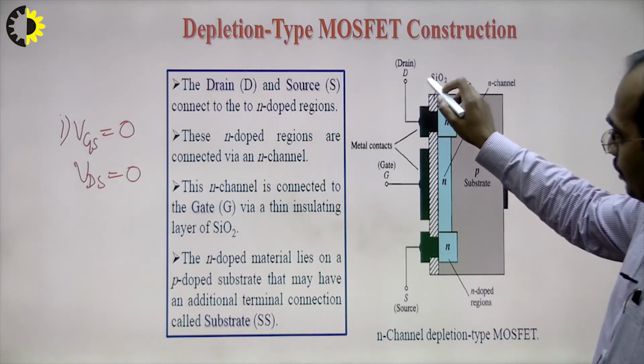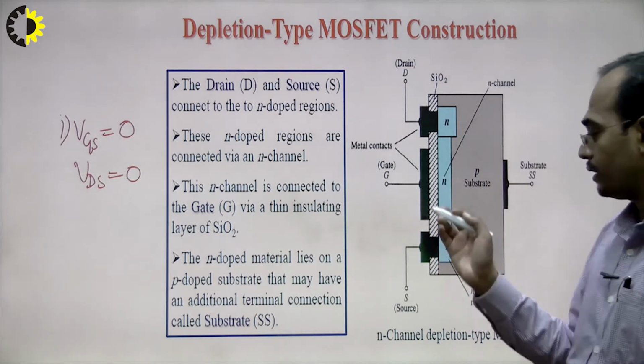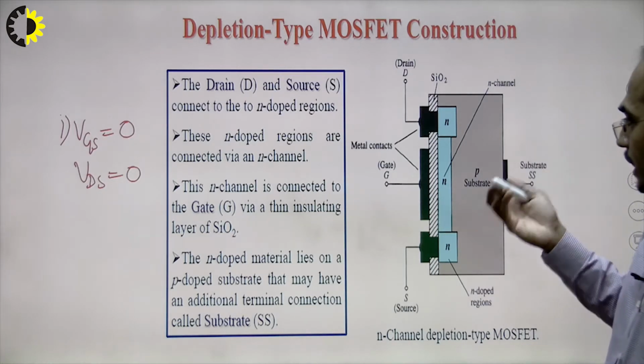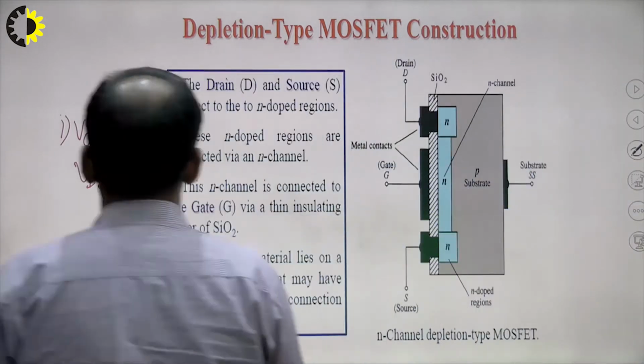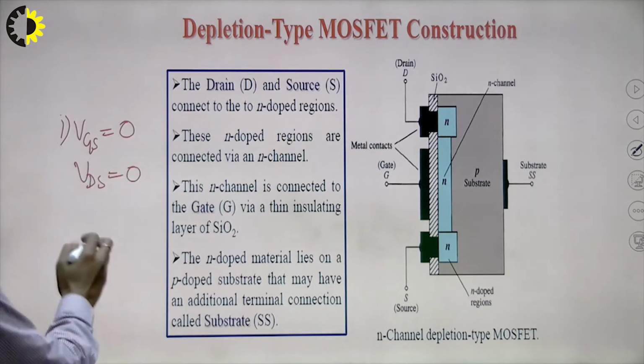If I have not applied any force or any voltage between the gate and source terminal and between the drain and source terminal, there will be no movement of charge carriers, and if there is no movement of charge carriers, the current flowing from source to drain or drain to source will be 0.